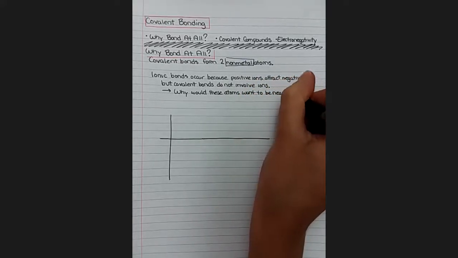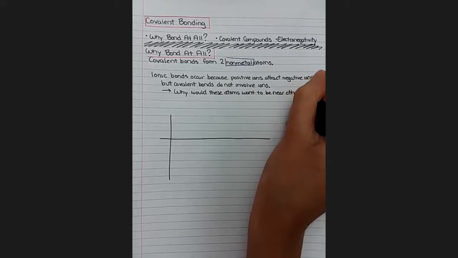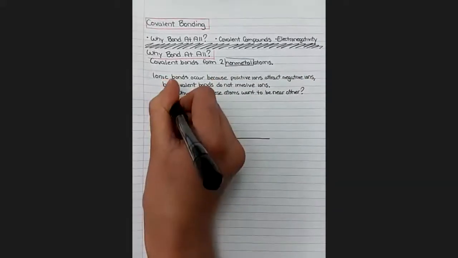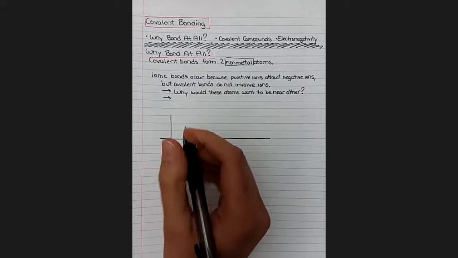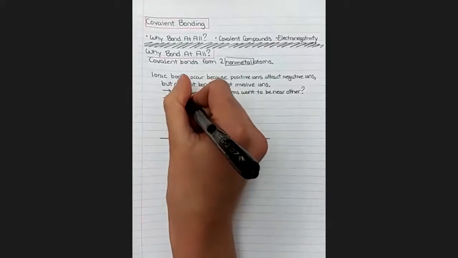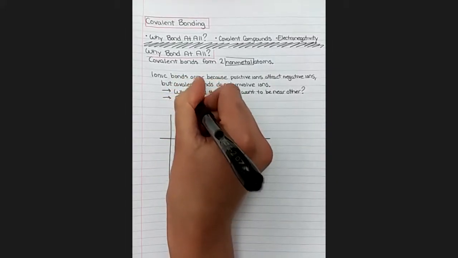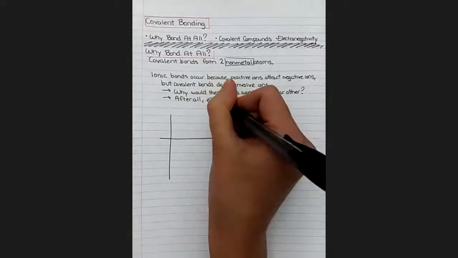Why would they want to be close enough to form a bond? After all, if we're talking about like charges repelling, both of these atoms have electrons, and electrons are all negatively charged. And if you bring them close together, wouldn't those electrons repel each other? Wouldn't that keep them from bonding at all?